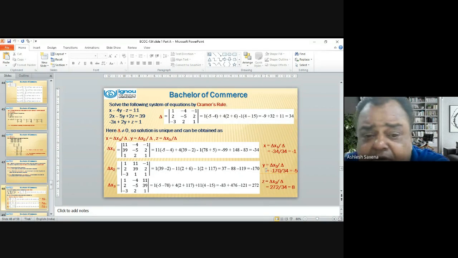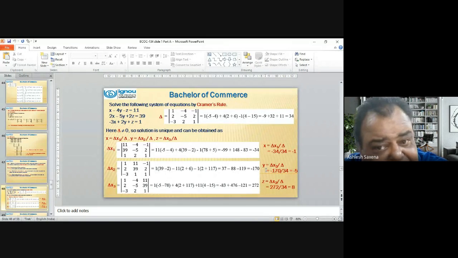Be careful about the numerical values. Whatever it is, minus 4, the minus 4 will be picked. Minus 5, minus 5 will be picked. Minus 3, minus 3 will be picked. Don't change the sign anywhere.